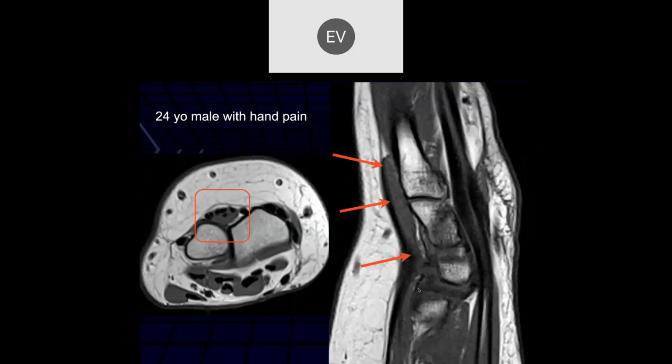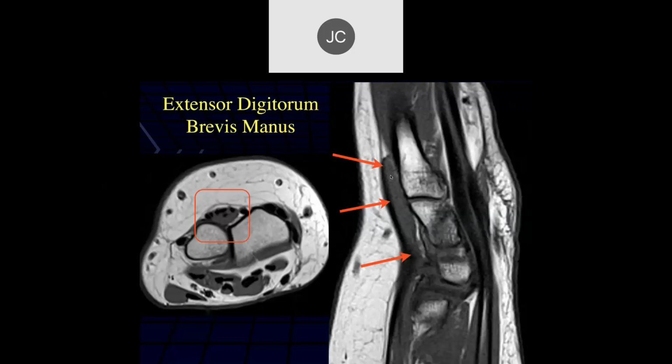Right. And then we can see that these are the fourth extensor tendons, and there should only be tendons in the actual compartment itself, and we see muscle extending distally all the way to the metacarpal bones. And this is a variant called the extensor digitorum brevis manus.